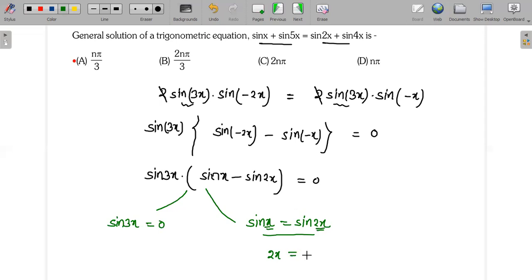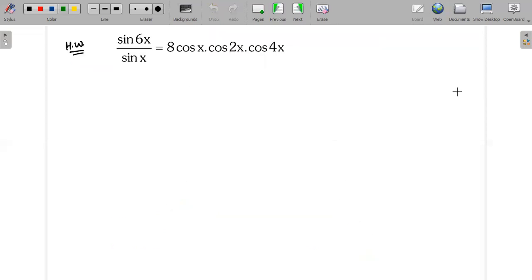So we have 2x is equal to n pi plus negative 1 to the power n into alpha. Alpha is x right there. Similarly, for sine 3x is equal to 0, we have 3x is equal to m pi, and from there I'll get x is equal to m pi by 3. Now you may check which of the following options is correct. Let me take another one.